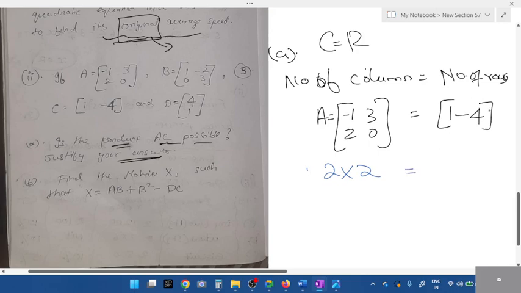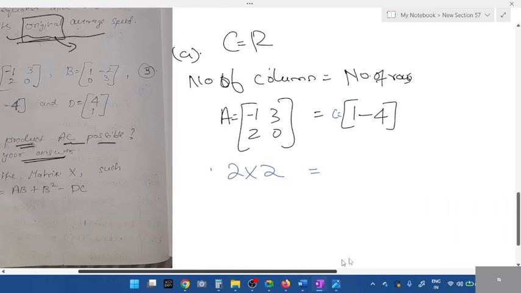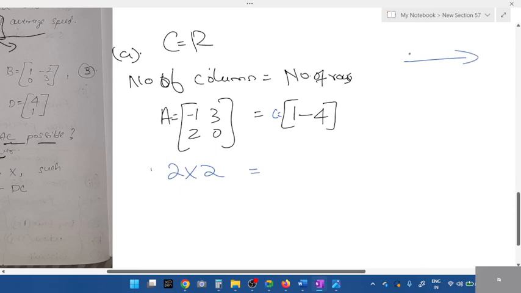And for C, how many columns are there? Columns are always flat like this, and rows are written like this. It has only one column, right? 1 into 2. Number of columns should be equal to number of rows, students.